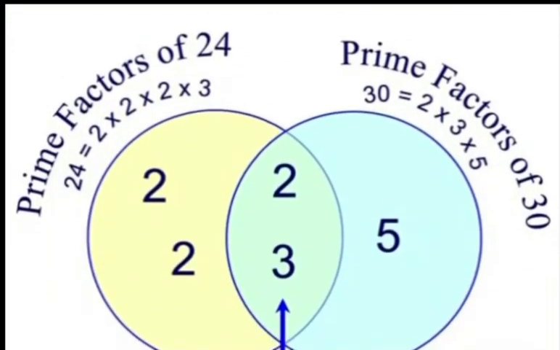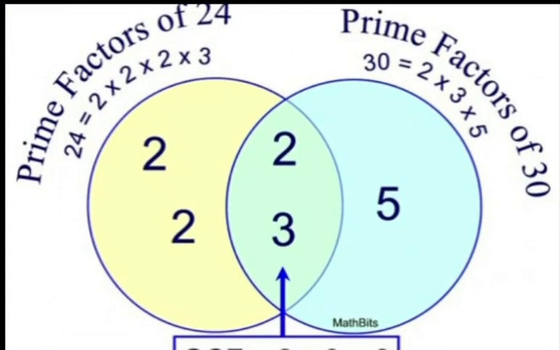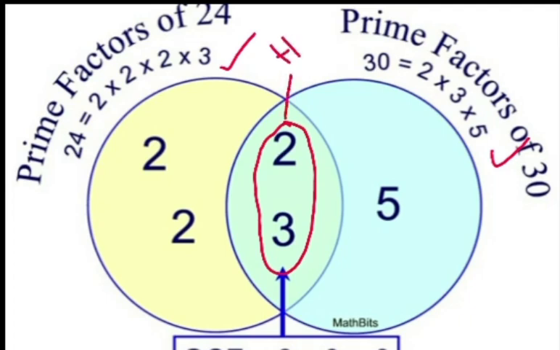Now you can observe another example. These are the factors for 20 and the factors for 30. These are the common factors. So this part is the HCF, the product of 2 and 5.